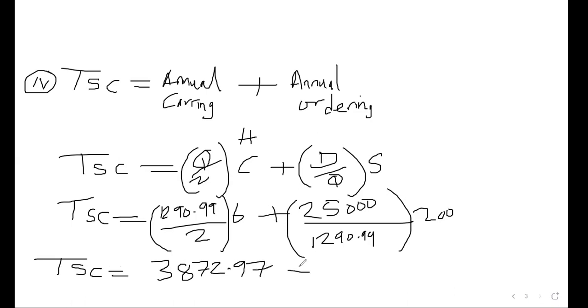Then plus 25,000 divided by 1,290.99 times 200. It's almost the same. Okay, so this is 72.9.